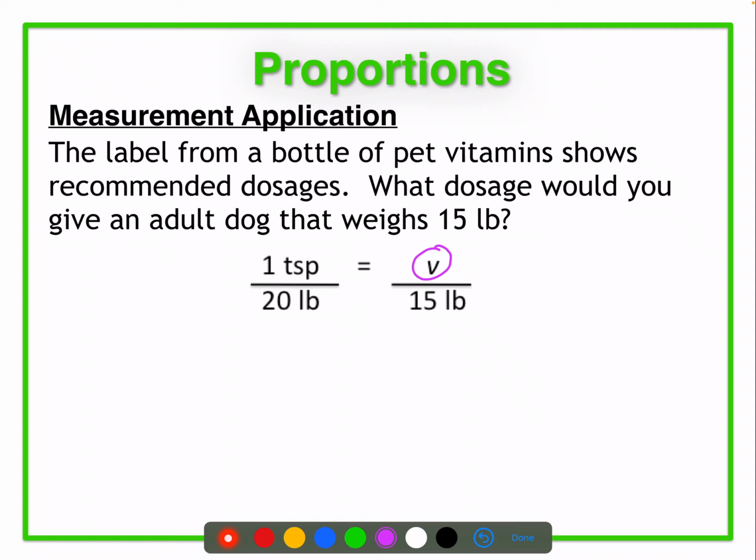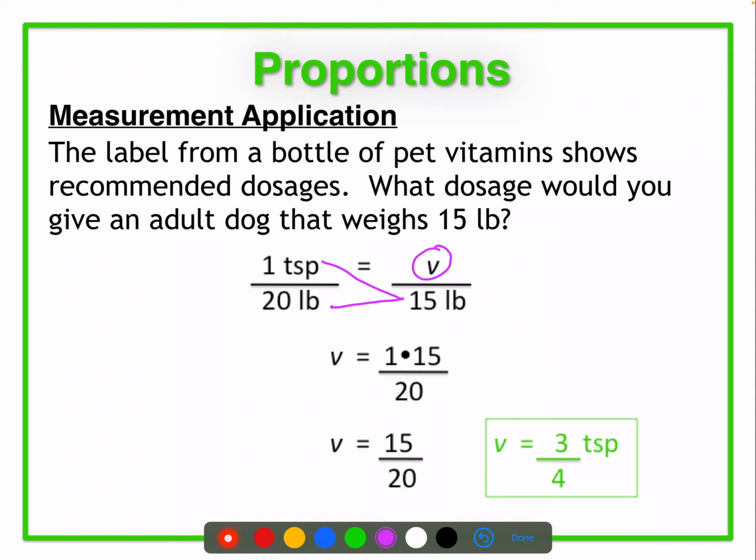Using the 3 simple rule, that would be 1 times 15 divided by 20. That means 15 divided by 20, which in simplest form will be 3/4. So the dosage for the adult dog will be 3/4 of a teaspoon.